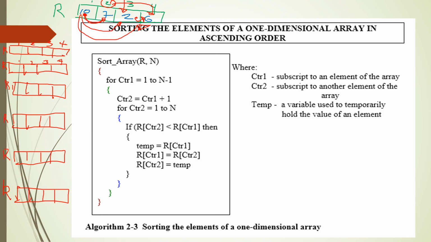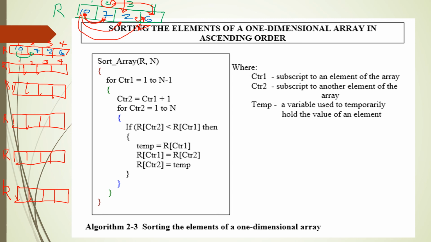the simulation. Okay? So, let us say the elements of the array are 10, 7, 2, and 6. Now, for the bubble sort, the concept is like this. The first element will be tested with the second element.